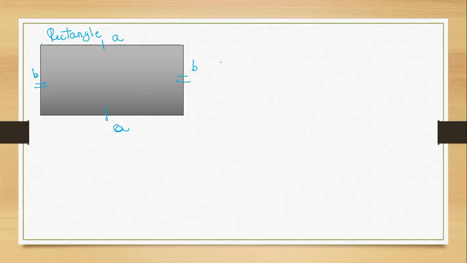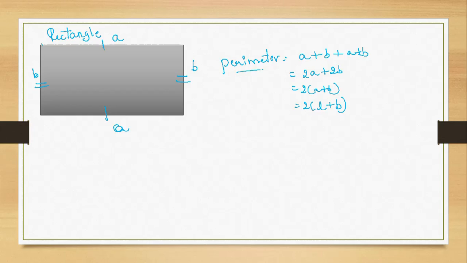To find the perimeter, we know that the perimeter is the sum of all the sides. Then a plus b plus a plus b is equal to 2a plus 2b. Then it is 2 of a plus b, that is 2 of length plus breadth, the formula to find the perimeter of the rectangle.